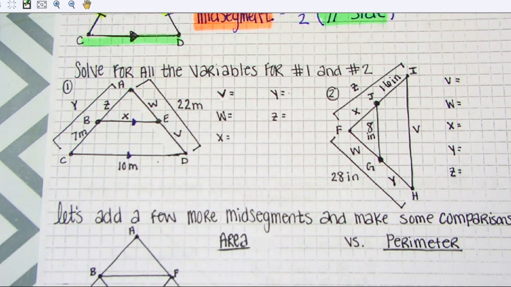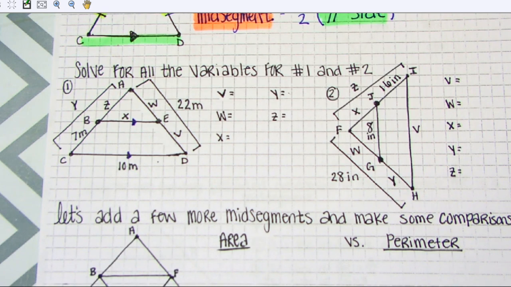Okay. So what does that make points B and E? If they're connected to a midsegment, what do we call points B and E? Midsegment connects what 2 points on the triangle?